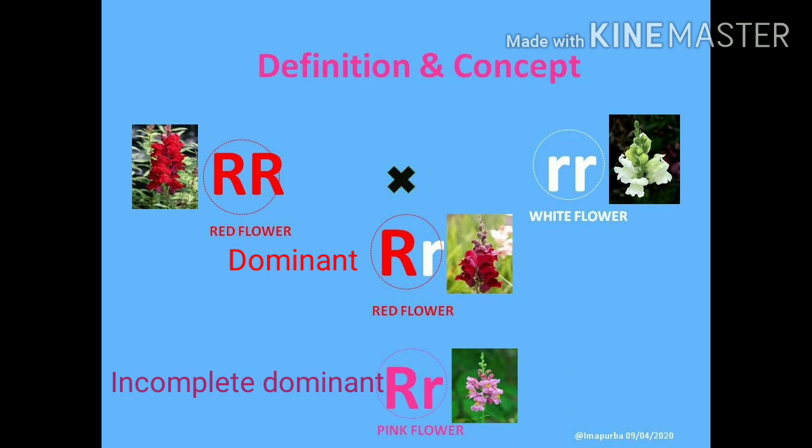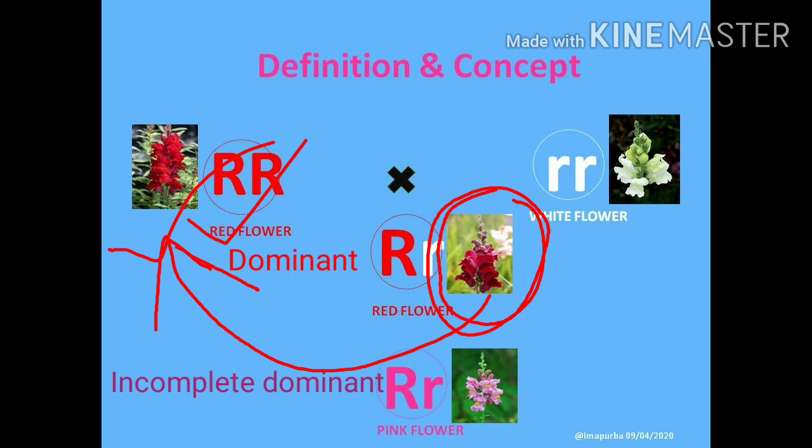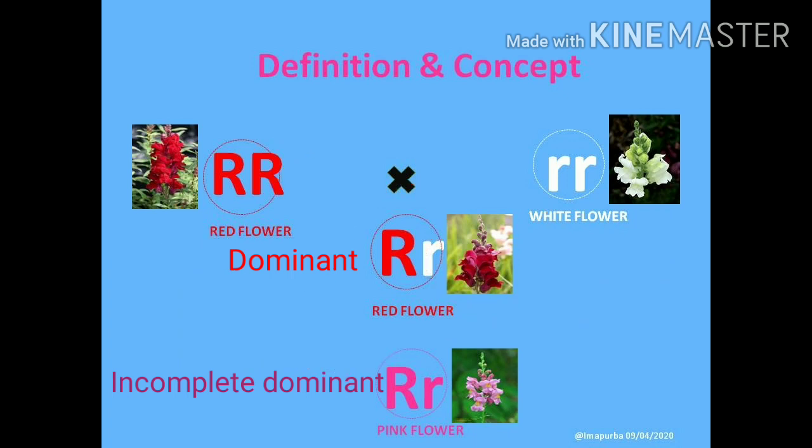But when you see the case of the red flower dominant F1 hybrid, in that case it is going to be similar to one of its parents. That's why this is actual dominance, and when it is not going to be similar to any of the parents, that's why it is incomplete dominance. I hope it is clear to everyone now.